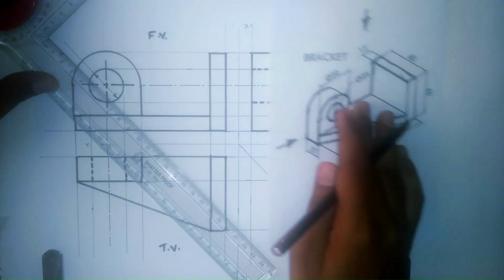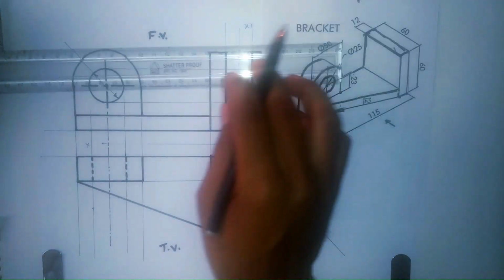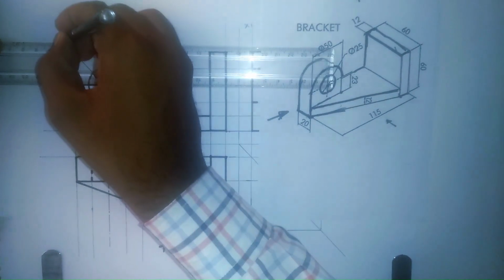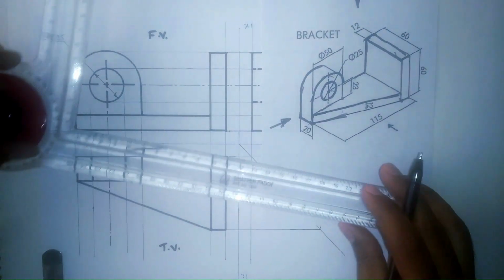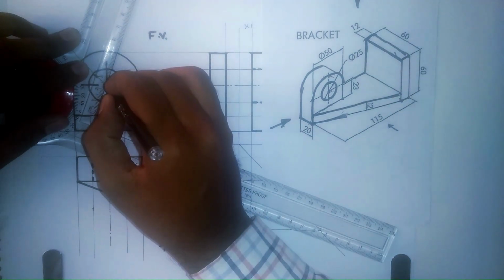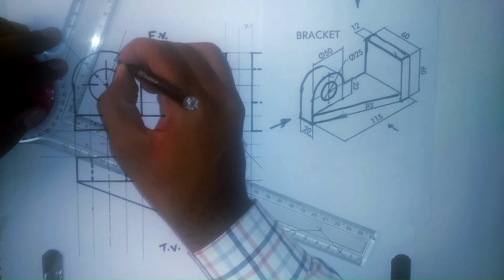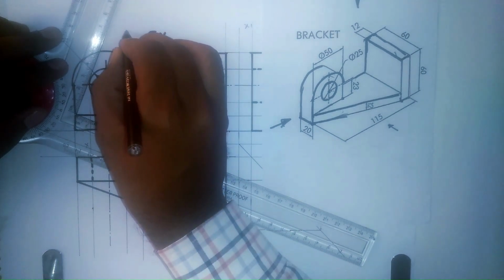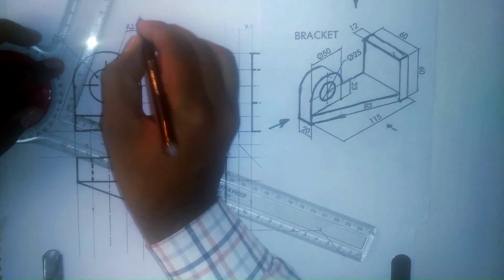So this inner circle, its diameter is 25. So you can give diameter 25 like this. And this outer circle, it is half circle. So I can give its radius R 25 like this.